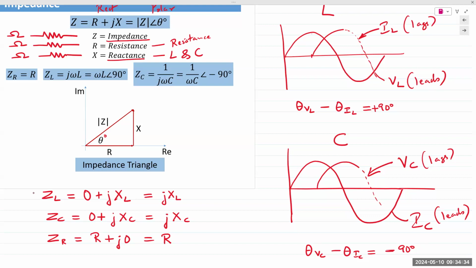In terms of hertz, omega is 2 pi f. Hertz, of course, is the number of cycles per second, right?